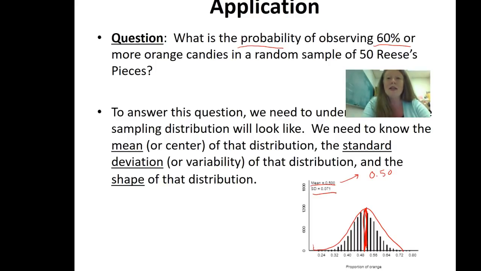It has a standard deviation of 0.071. And we can see that the shape is normal. So this is important, knowing the center, knowing the standard deviation, knowing the shape. These are three important characteristics of a distribution. You might remember we talked about that back in chapter 12 and chapter 11. So we're going to use this information now to answer some questions. So I'll pause here and then we'll come right back and work through some actual problems.